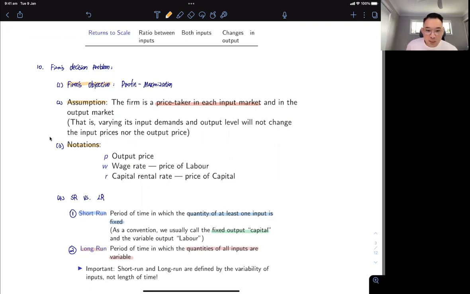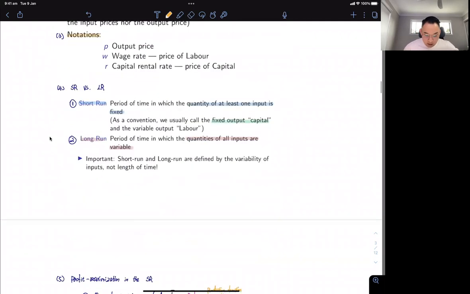So if we let P equal the output price, W equal the wage rate, and R equal the capital rental rate, then we can define the profit maximization problem. However, before doing that, we need to understand what the short run and long run are. In the short run, for the scope of this week's tutorial, it's the period in which the quantity of at least one input is fixed.